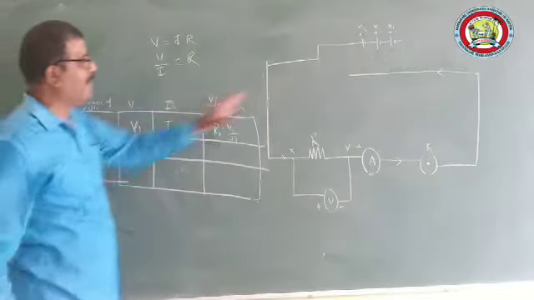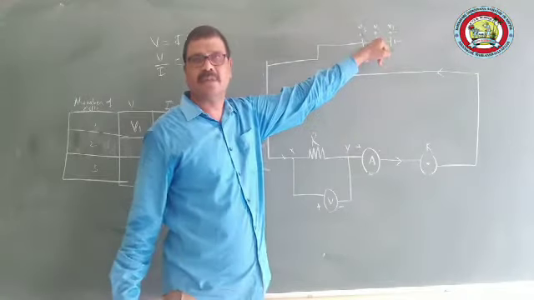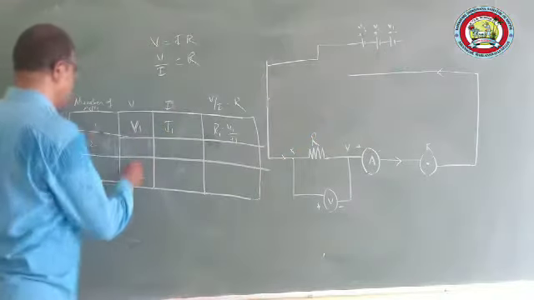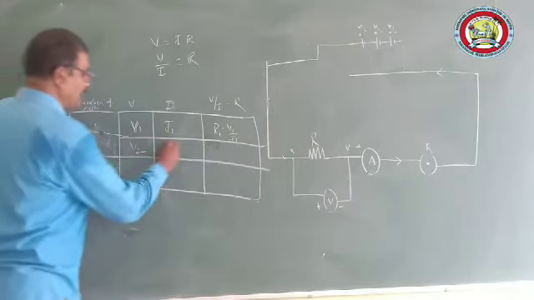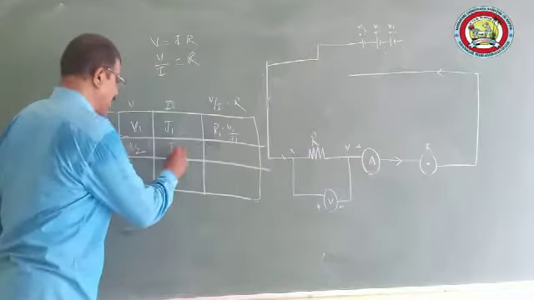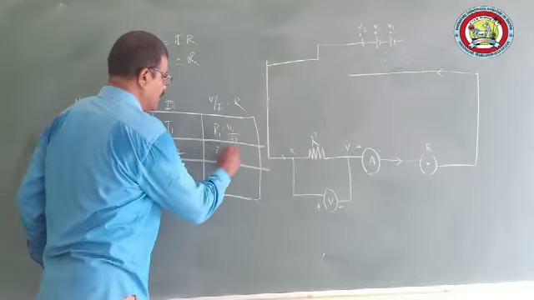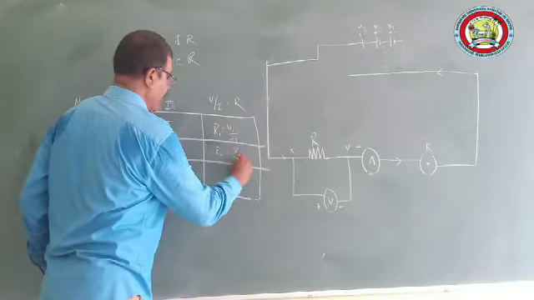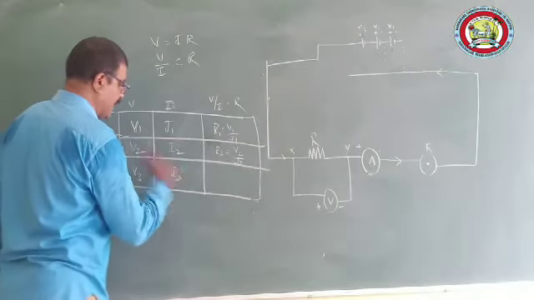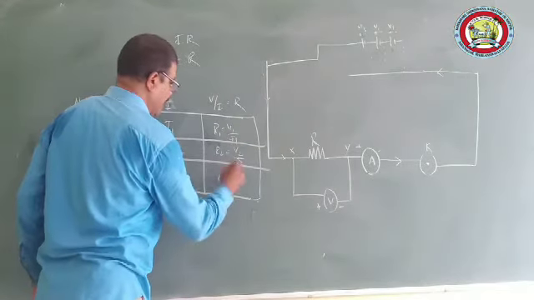Similarly, I switch on the second cell. When I switch on the second cell, I get V2, the corresponding current I measure in the ammeter, that is I2, and R2 is once again V2 by I2. Similarly, I measure V3, the corresponding I3 and R3.